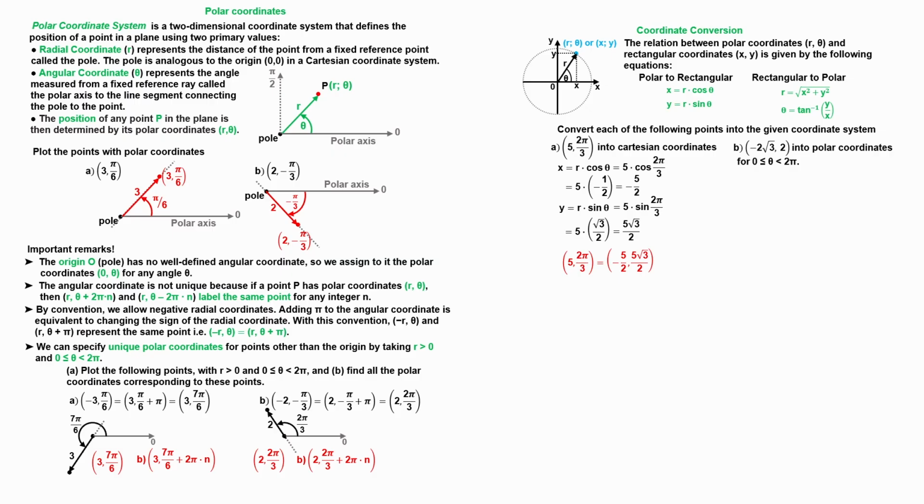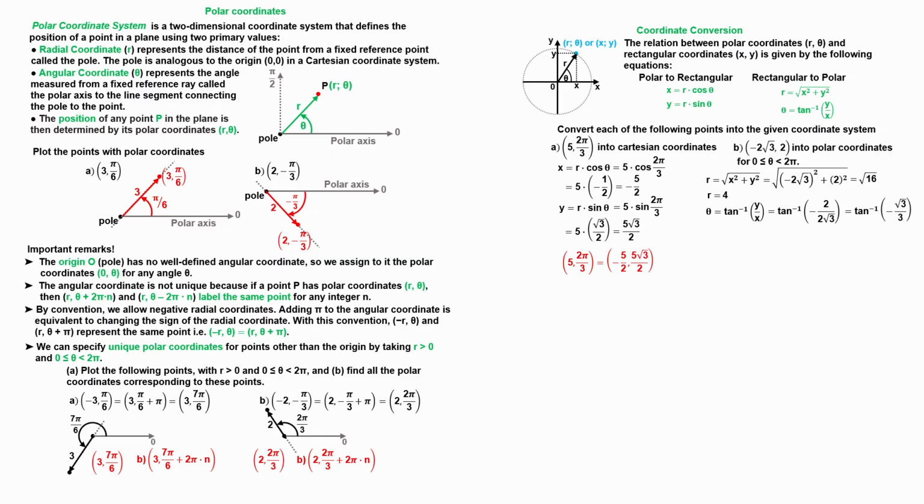To solve part B, we convert from Cartesian to polar coordinates. First, we find the radial coordinate. After that, we find the angular coordinate. We must find the angle theta whose tangent is minus the square root of 3 divided by 3.